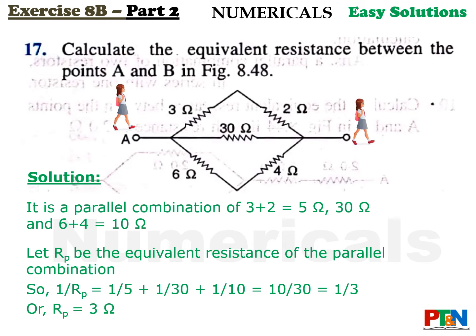The upper one is 3 ohm plus 2 ohm, that is 5 ohm. Then the middle one is 30 ohm, and the bottom one is 6 plus 4, that is 10 ohm. So this is a parallel combination of 5 ohm, 30 ohm and 10 ohm. So you put in the parallel formula, and you get 1 by Rp is equal to 1 by 5 plus 1 by 30 plus 1 by 10. That gives you Rp is equal to 3 ohm.